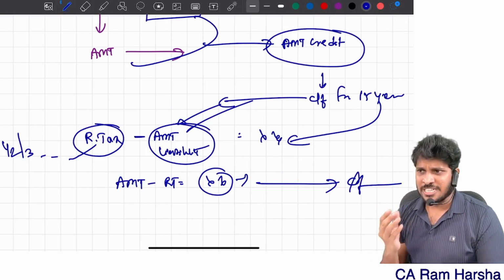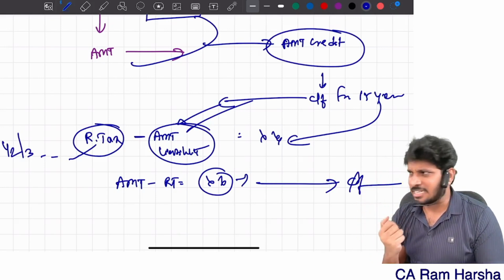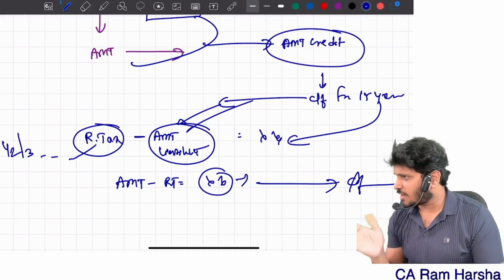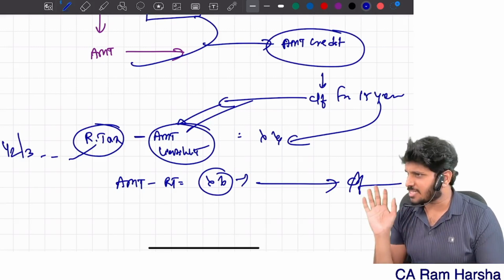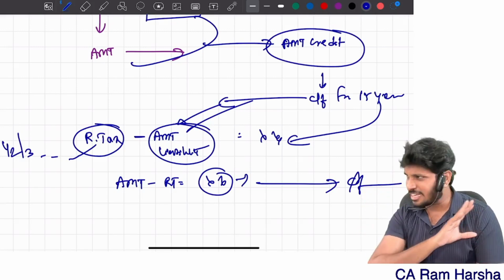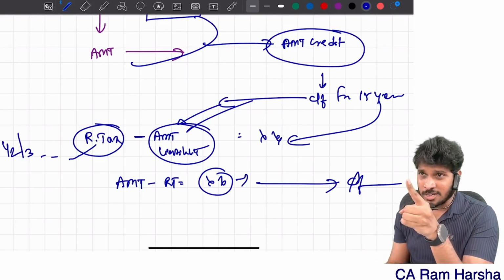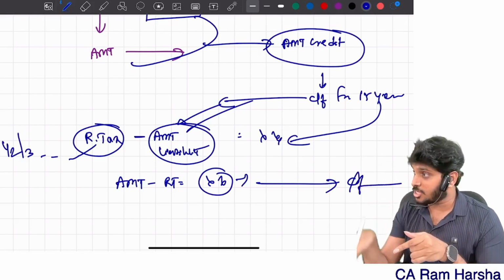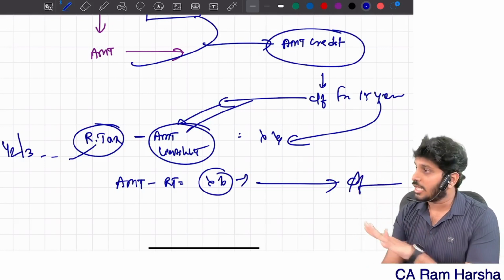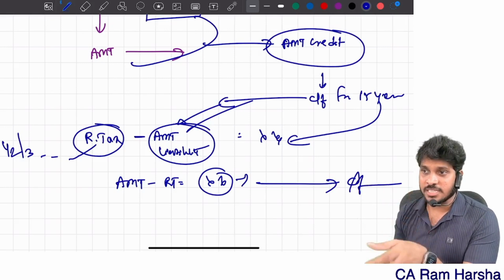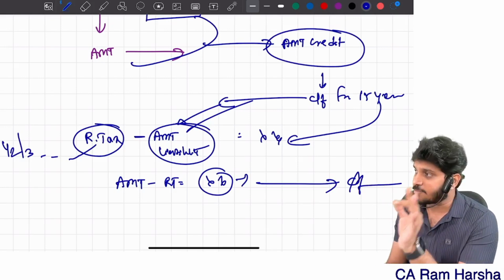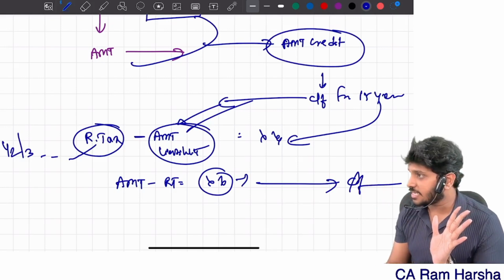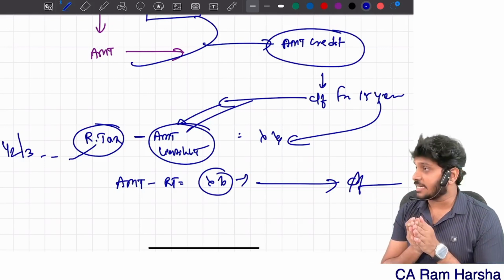Here, special income rates like 20%, 10%, 12.5% capital gains tax rates, 15% under section 111 before amendment, all that you ignore. On adjusted total income, the tax rate is straight away 18.5%. Sir, adjusted total income consists of special income, like lottery income. Ignore. When you are calculating AMT, the entire income is taxable at 18.5%. Are you getting it? Now, okay sir, AMT calculated. Now, what should I do?